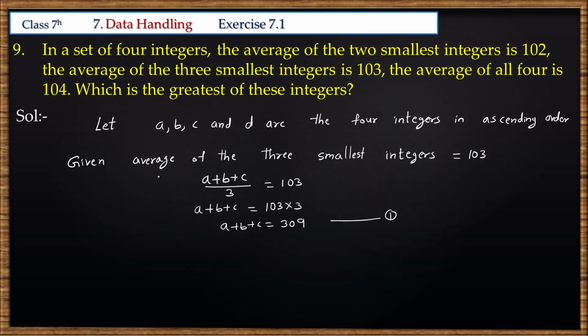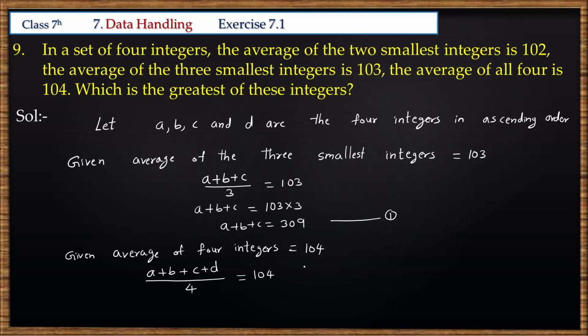Now by the third hint, given that the average of 4 integers is equal to 104. So the average of 4 integers is (a plus b plus c plus d) by 4. This is equal to 104.